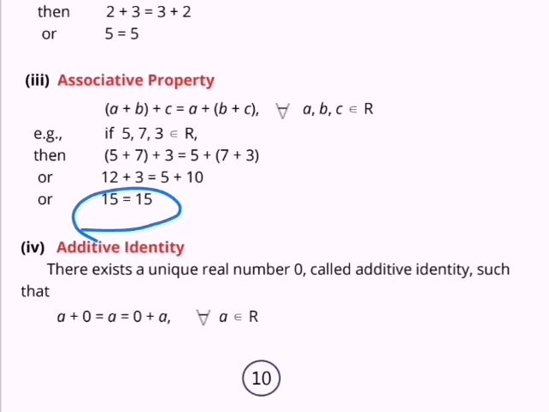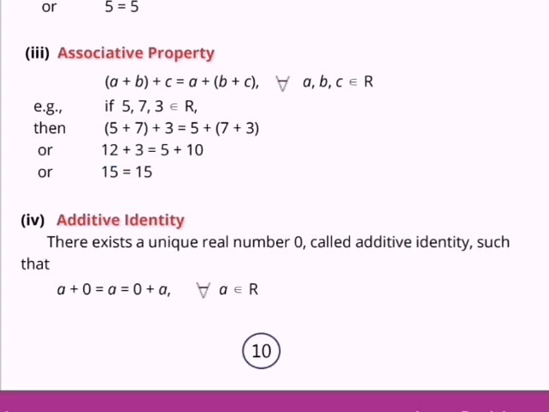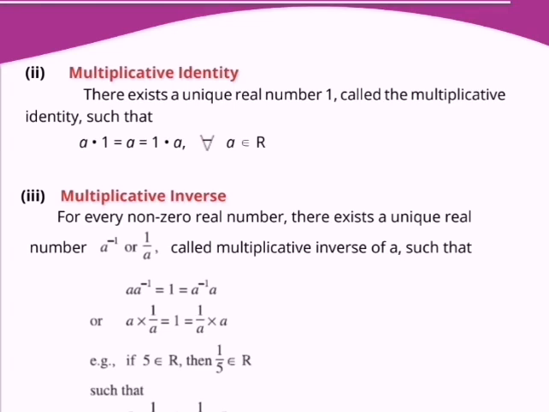Additive identity. In real numbers, 0 is called additive identity. Means for every real number A, A plus 0 must be equal to 0 plus A. Multiplicative identity.